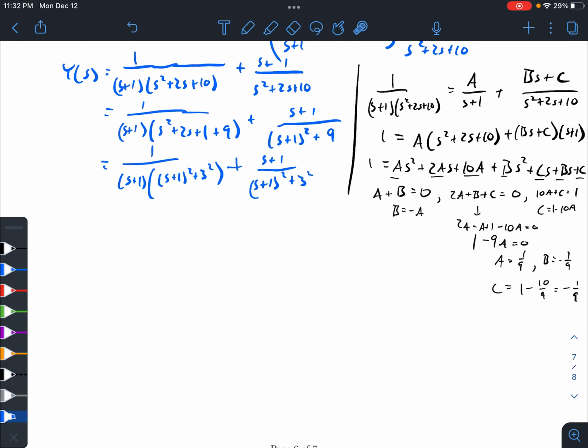That equals 1. So c is 1 minus 10a. b is negative a, 2a minus a, plus c, which is 1 minus 10a. That equals 0. This is a.